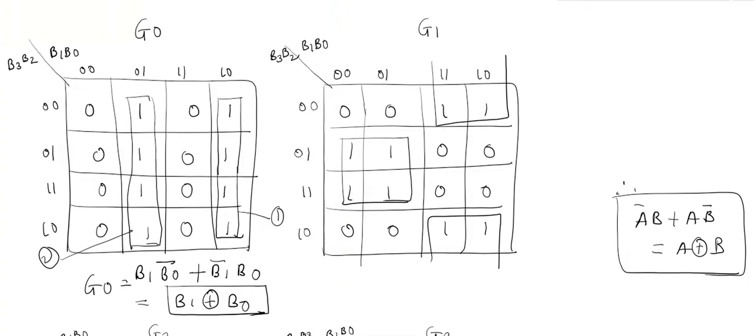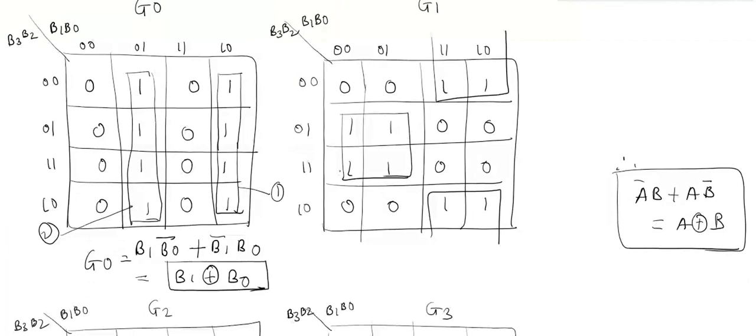Now we'll find out the expression represented by these two groups. Now this is my group number 1, let's say for example, and this is group number 2. Now group number 1 is representing the values like this. Horizontally, the common variable is B2. Vertically, the common variable is B1 bar.